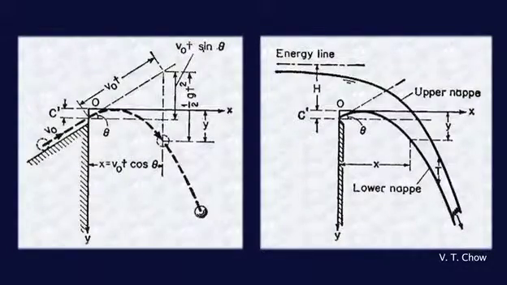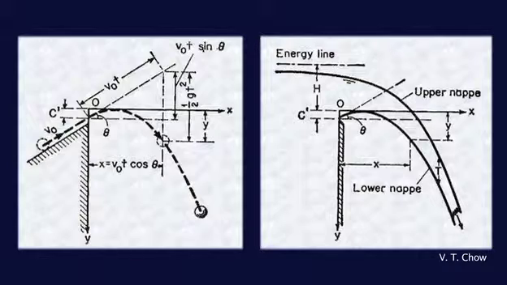The sharp-crested weir is the simplest form of overflow spillway. The shape of the flow nappe over a sharp-crested weir can be interpreted by the principle of the projectile. It is assumed that the horizontal velocity component is constant. Thus, the only force acting on the nappe is gravity.